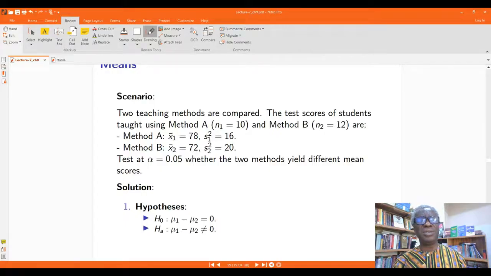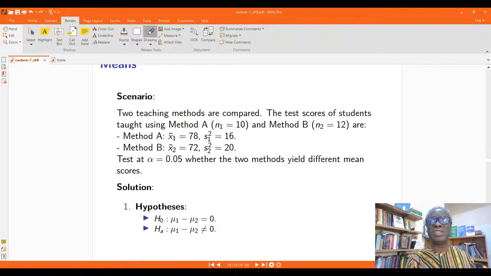Each method is treated as a population. So students that are taught with method A, and students that are taught with method B, they form the two populations.